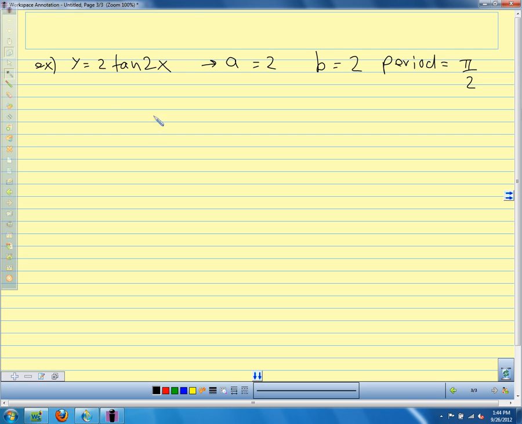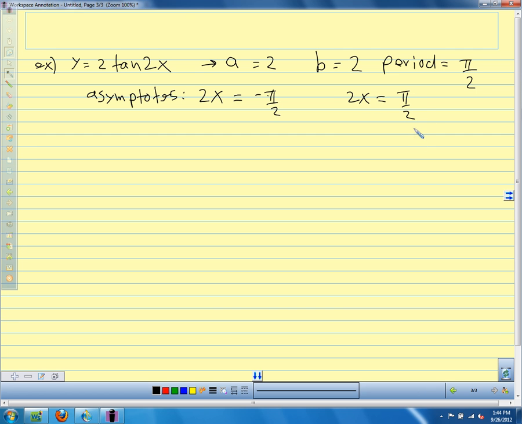I'm going to find my two asymptotes. I'm going to set whatever I'm taking the tangent of equal to the asymptote values. So I'm saying 2x equals negative pi over 2, I'm sorry, to get one asymptote, and 2x equals pi over 2.